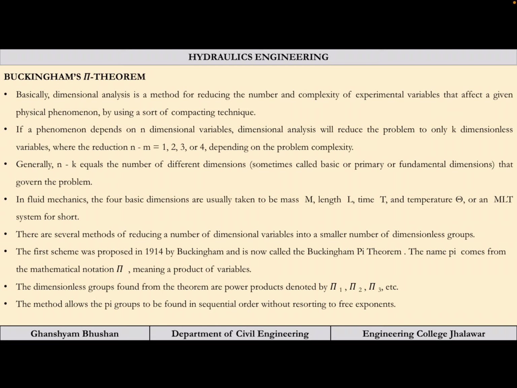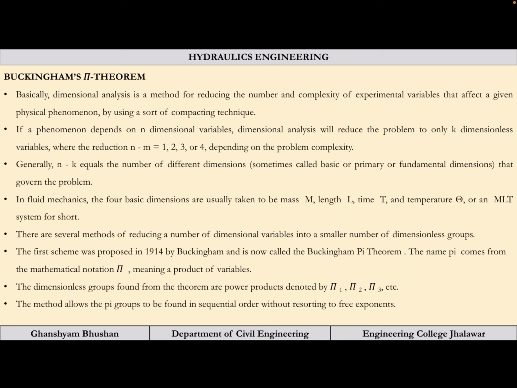There are several methods of reducing a number of dimensional variables into a smaller number of dimensionless groups. The first scheme was proposed by Buckingham in 1914, and it is now called Buckingham's pi theorem. The name pi comes from the mathematical notation pi, meaning a product of variables.